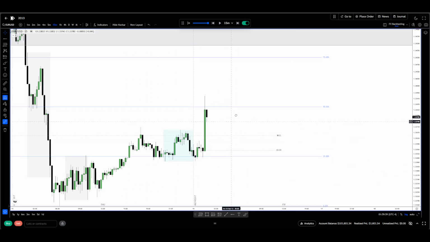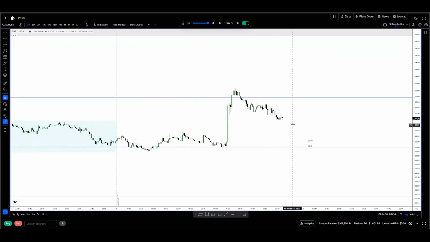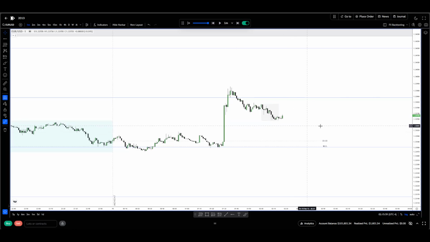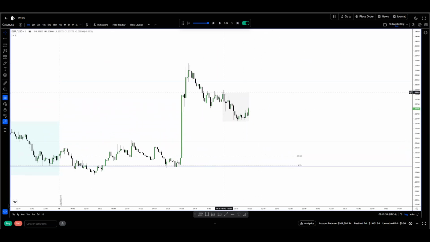Pre-London, we took out this equal high, we have this fake bullish candle. And let's see, yeah, this was, oh, this is London. What? Okay.